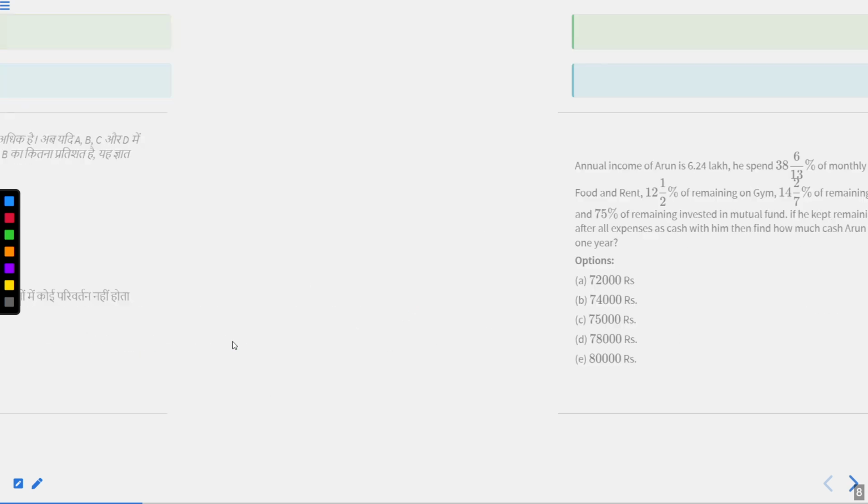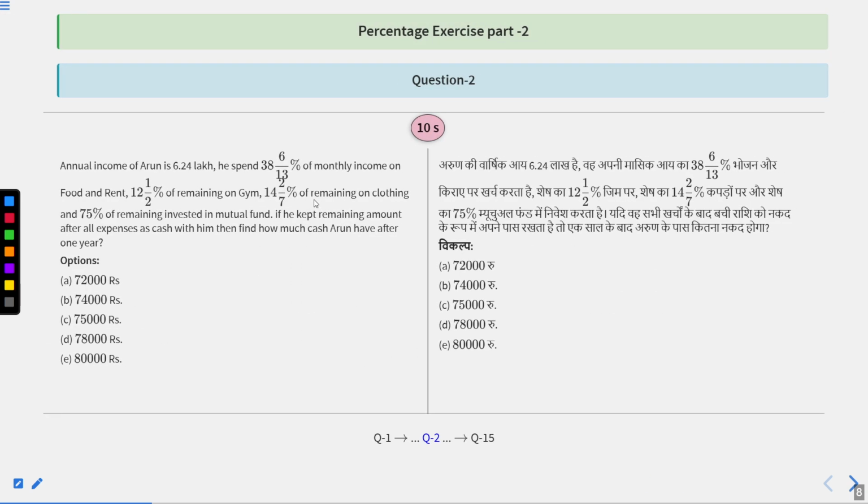Next one. Annual income of Arun is 6.24 lakh. He spent 38 and 6 by 13% of monthly income on food and rent, 12.5% of the remaining on gym, 14 and 2 by 7% of the remaining on clothes, and 75% of the remaining invested in mutual fund.